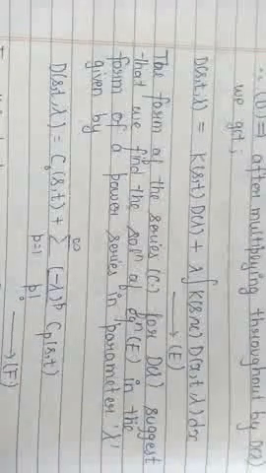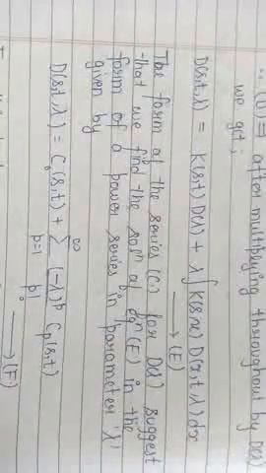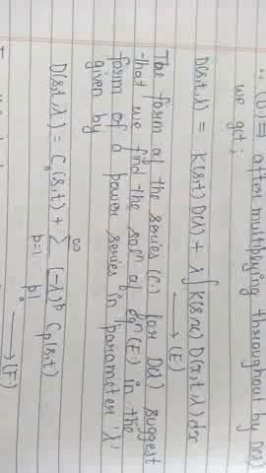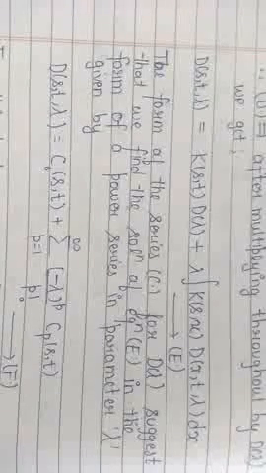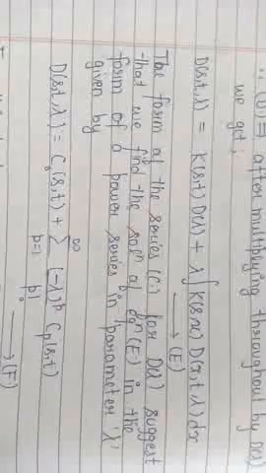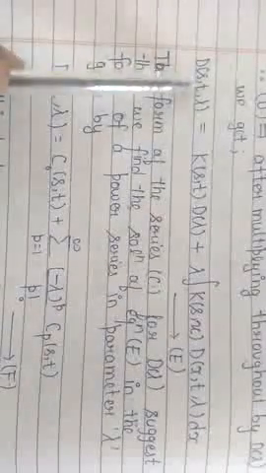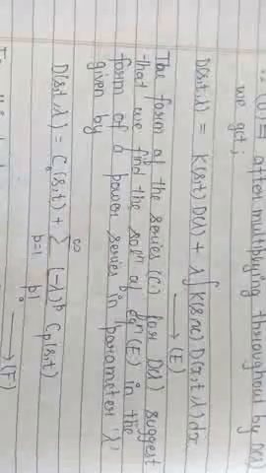Now as we can see, the Fredholm first series for D(λ) is in the form of a power series, so we will have to find the solution of this equation also in the form of a power series.